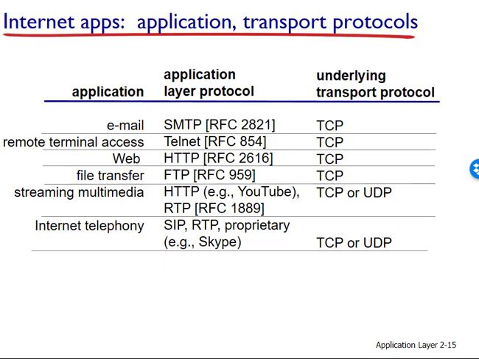That is, when a process sends a message into the UDP socket, UDP provides no guarantee that that message will ever reach the receiving process. Furthermore, messages that do arrive at the receiving process may arrive out of order. UDP does not include a congestion control mechanism, so the sending side of UDP can pump data into the network at any rate it pleases.